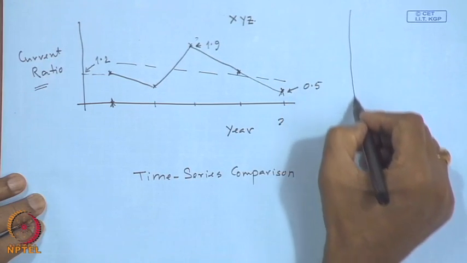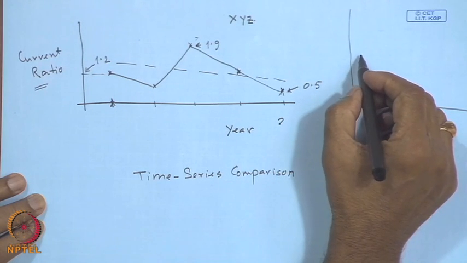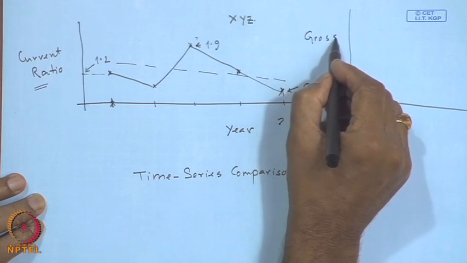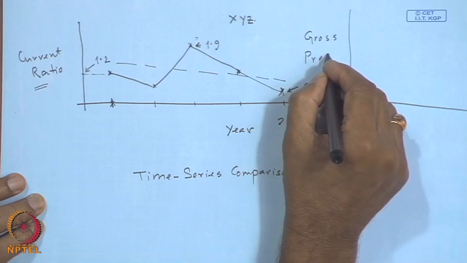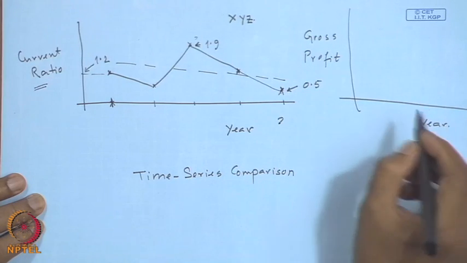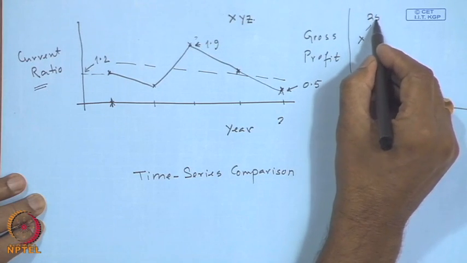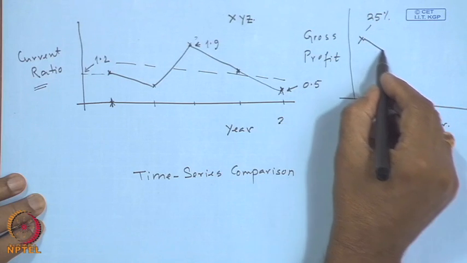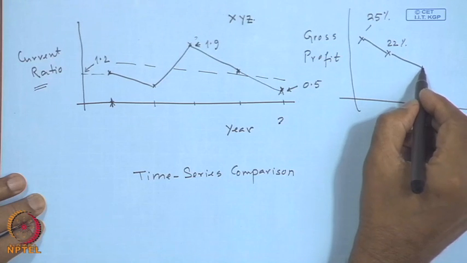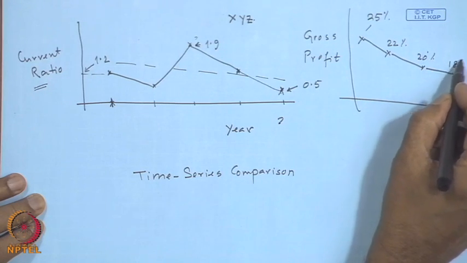Similarly, profitability ratio, for example, one can show how the gross profit margin has changed over years. Gross profit margin probably was 25% at one time, got down to 22%, further down to 20%, and today it stands at 18%.